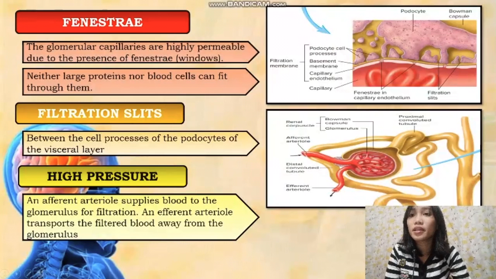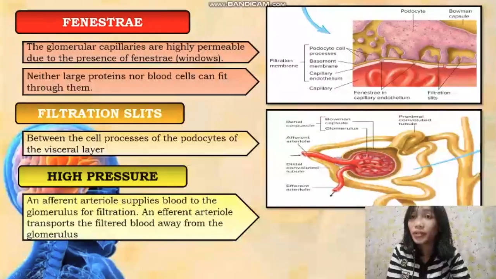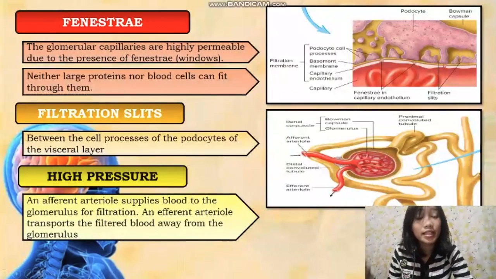Then the efferent arteriole transports the filtered blood away from the glomerulus.